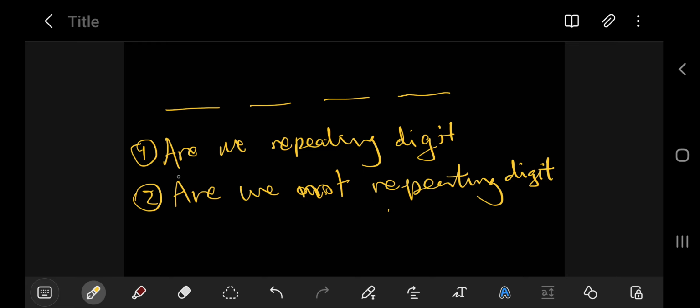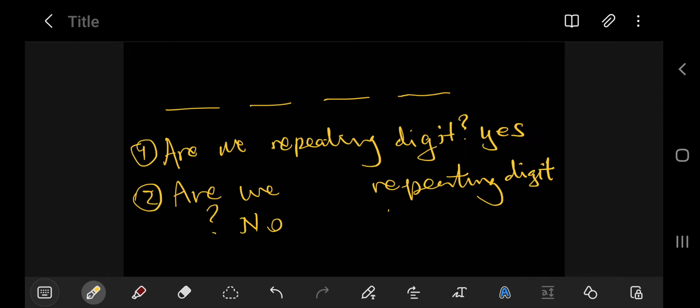So for the first question, are we repeating digits? Let's say yes, we are repeating digits, right? And then for the second question, let's say no, and then we do the questions that way too.